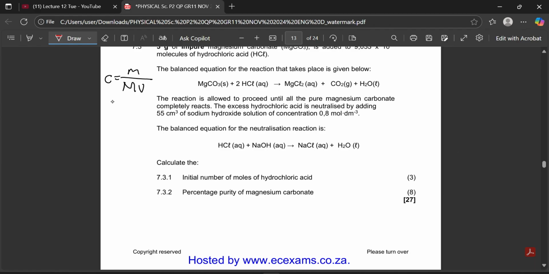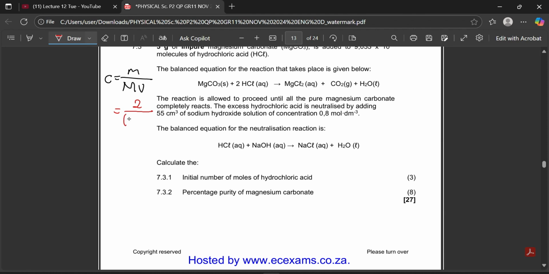Okay, so concentration is, what is the mass? The mass is 2 grams. And what is the molar mass of sodium hydroxide? Well, if you consult your periodic table, you should find that the molar mass of sodium hydroxide is exactly 40.